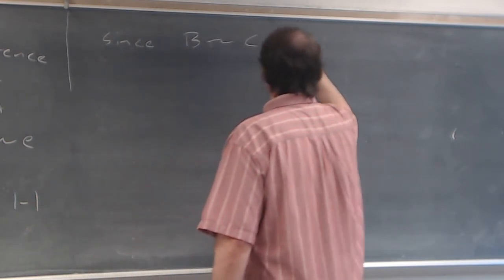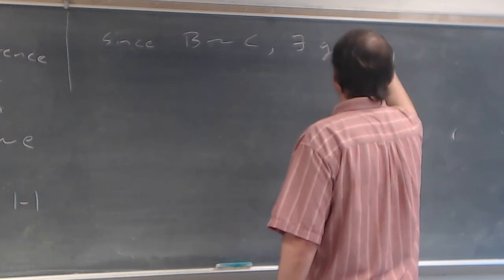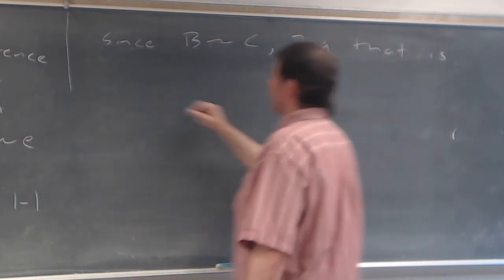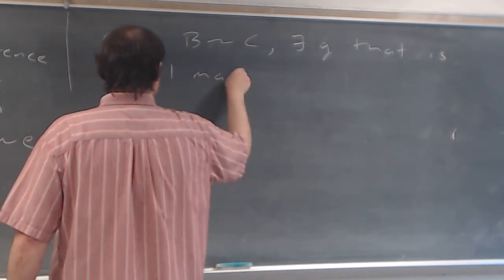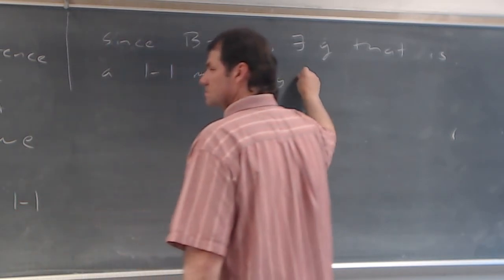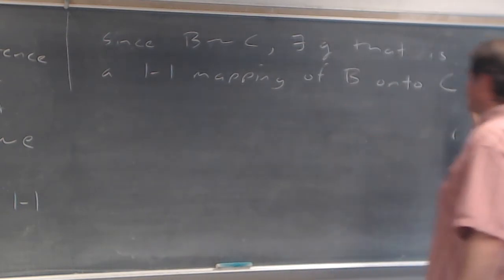That means there exists G that is a one-to-one mapping function of B onto C.